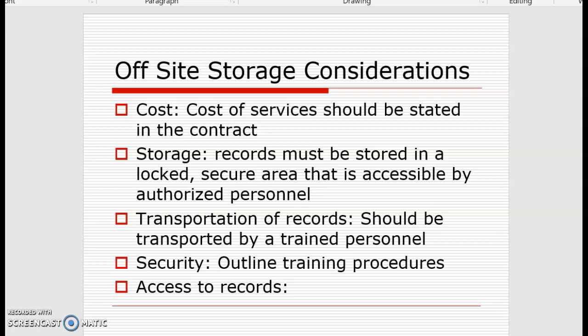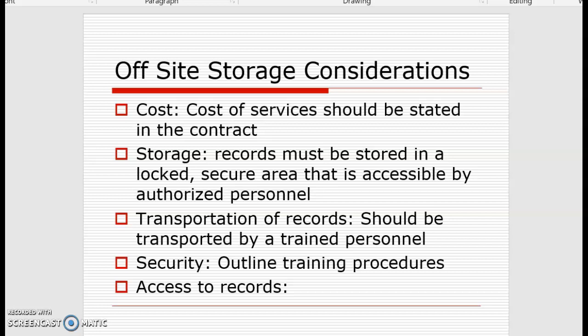So what are we looking at? If I am a director and I'm looking at storing my medical records off-site, possibly even computer-wise, I'm going to look at the cost. Storage, they have to be locked, secured. Transportation, is somebody trained that's going to transport these records over to the facility?